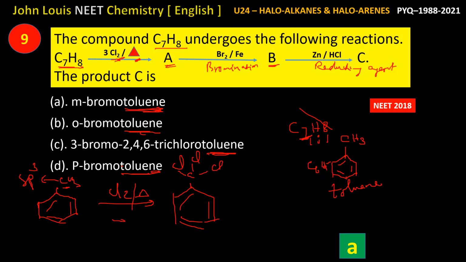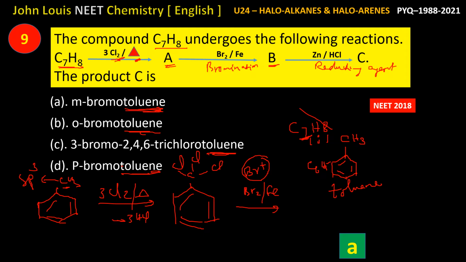And here the 3 hydrogens will combine with 3 more chlorines, so you can take 3 chlorines here. So minus 3HCl, that will be eliminated. Okay, what is the next one? It is treated with bromine in the presence of iron. So this is a brominating agent. Br plus will be the electrophile, and that will substitute one of the hydrogens in the benzene ring.